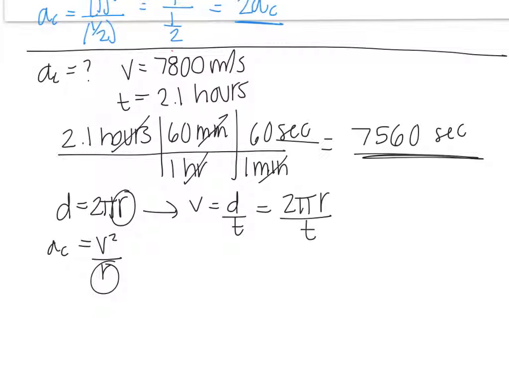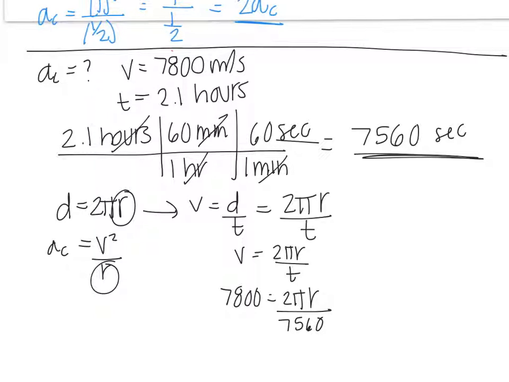So I've got my equation of v is equal to 2 pi r over t. I can plug those numbers in. I've got v is 7,800 meters per second, 2 pi r over time, which is 7,560 seconds.